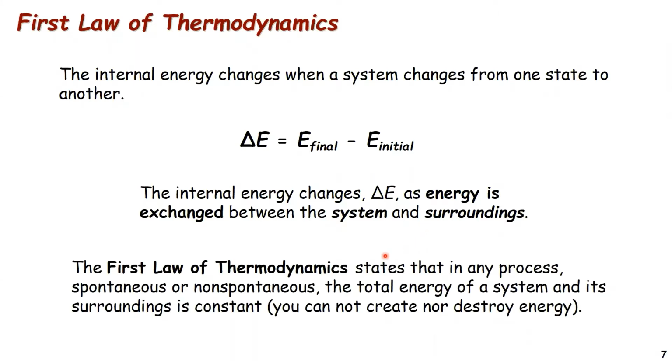Okay. So again, now the first law of thermodynamics is actually defined in many, many ways. We defined it once already in Chem 110, is that the change in internal energy was simply the work plus the heat. Okay, so that's one way to define the first law of thermodynamics.